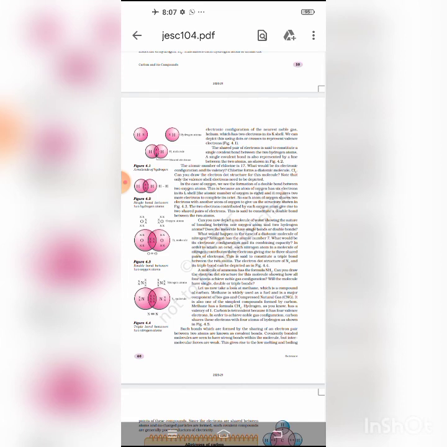Certain covalent compounds possessing giant three-dimensional structures, like quartz and diamond, are practically insoluble in all solvents. Covalent compounds do not conduct electricity either in solution or in the molten state, since there are no ions or electrons to carry the current.